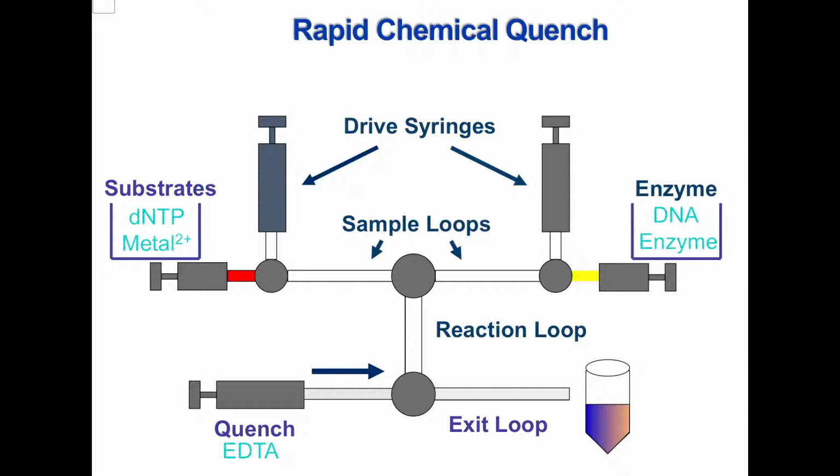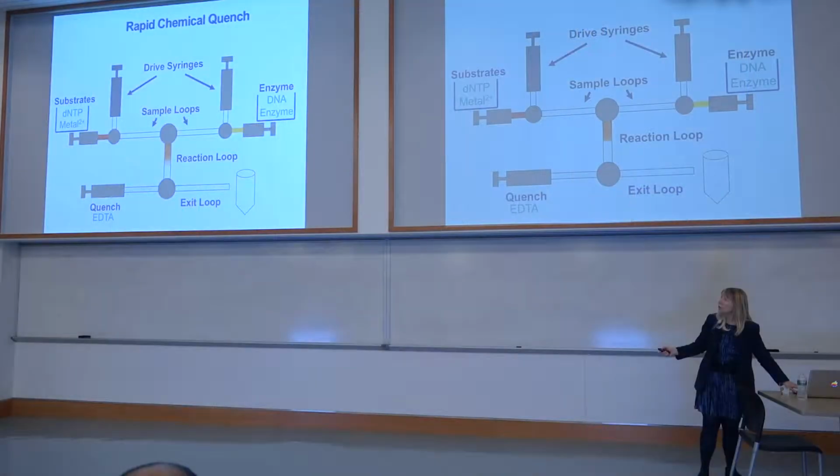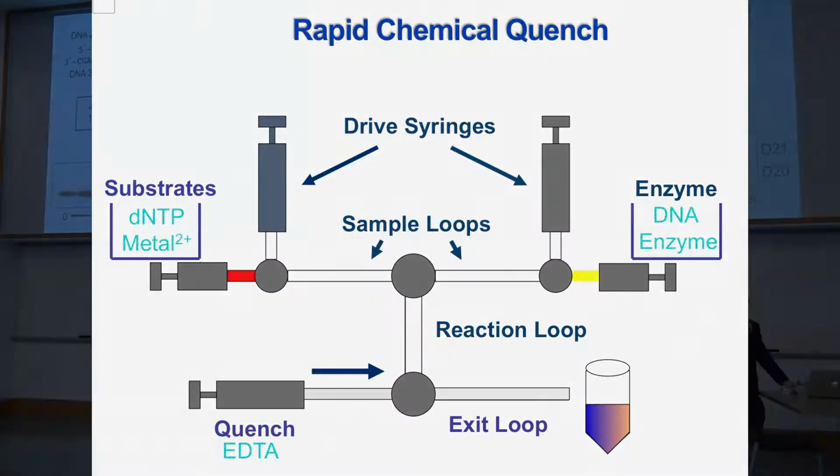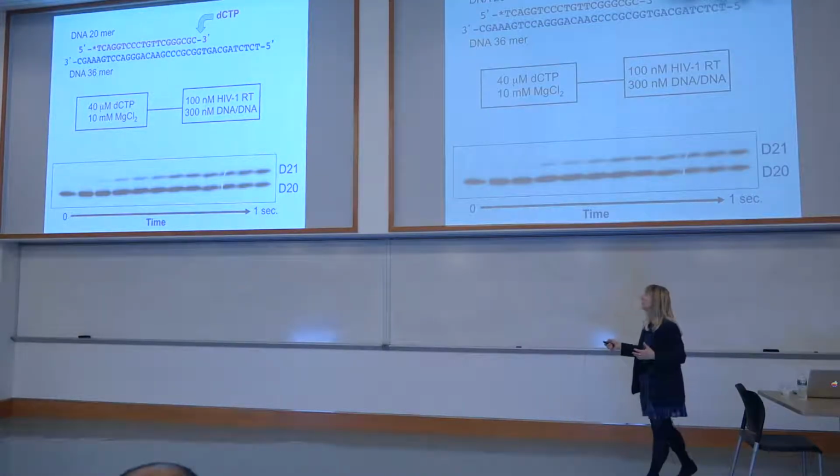We load the samples in, and the instrument has a precisely controlled stepping motor that drives the two reactions together. The reaction occurs here, and then it is terminated upon reaching a quenching agent. Because these are metal-requiring enzymes, we use EDTA. We simply collect the sample and analyze it as illustrated here.